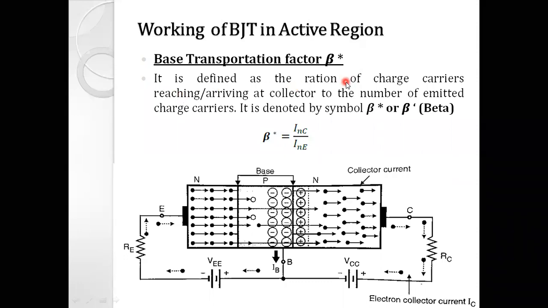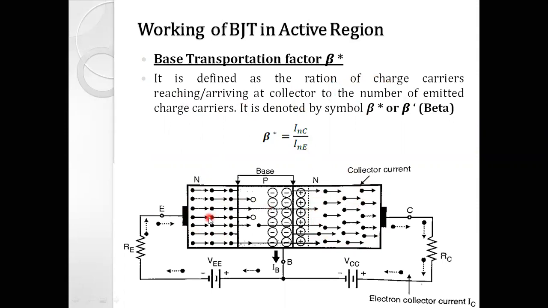It is defined as the ratio of charge carriers arriving at the collector, meaning the number of majority carriers arrived at the collector, to the number of emitted charge carriers, that means the number of charge carriers injected by the emitter.